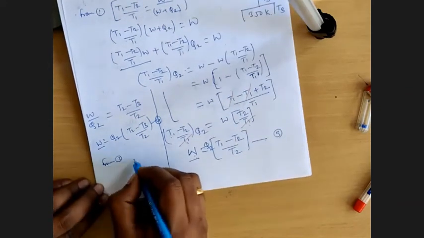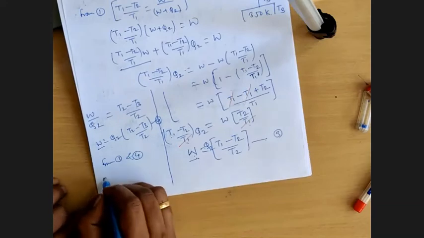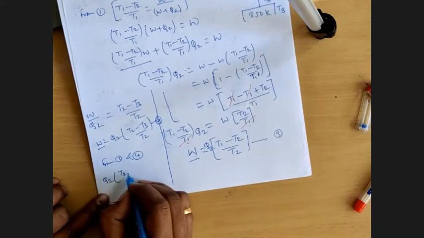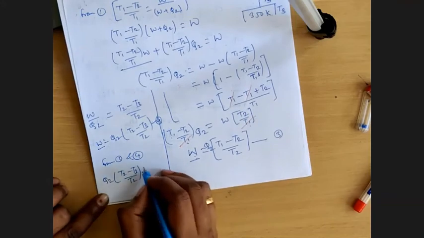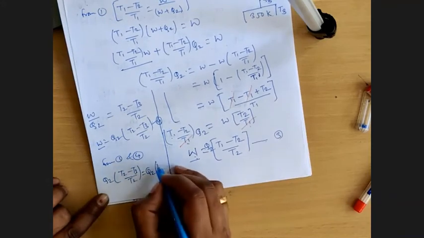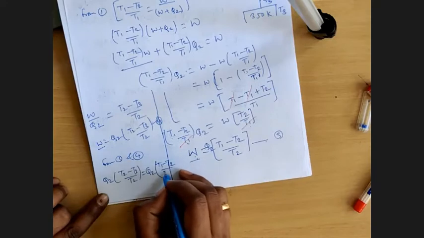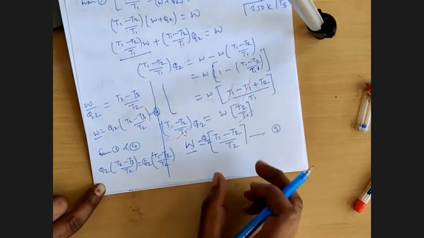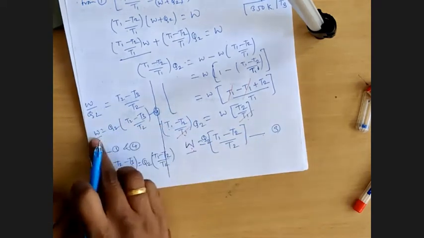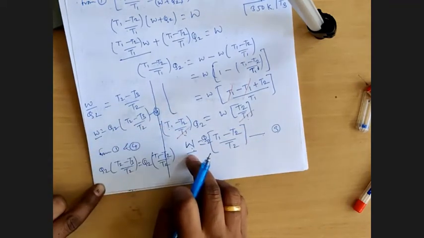So if left hand side is same, I can easily equate right hand side also. From 3 and 4, Q2 into T2 minus T3 by T2 is equal to Q2 into T1 minus T2 by T2. Right? I have equated this one with this one as left hand sides are equal.